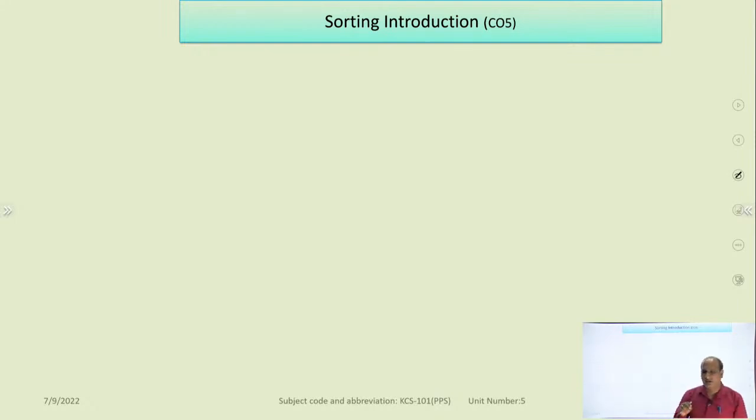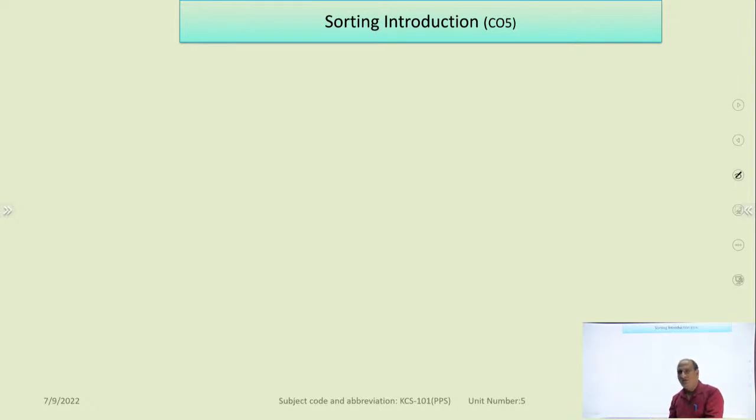Internal sorting means the number of elements is small, so we can perform the whole sorting operation by moving all the elements and the whole logic to the RAM of the system. That type of sorting is called internal sorting. When the number of elements is bigger, we cannot move all the elements to the RAM for sorting.